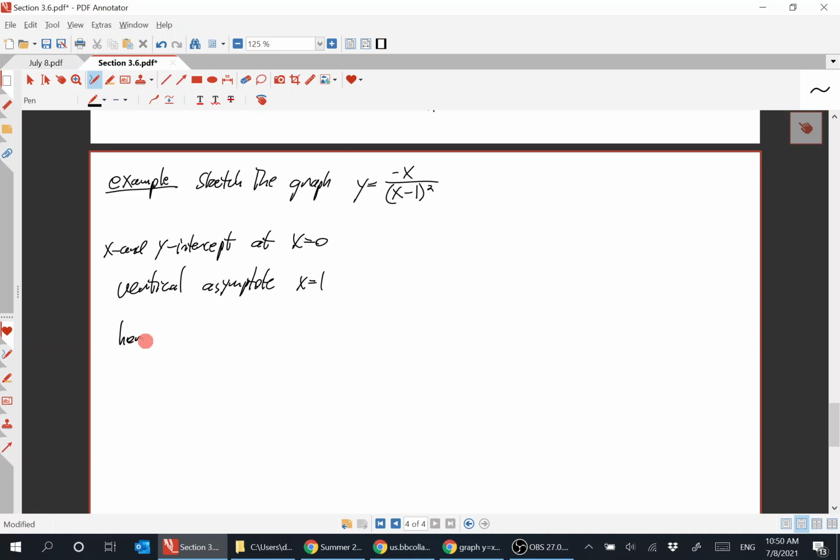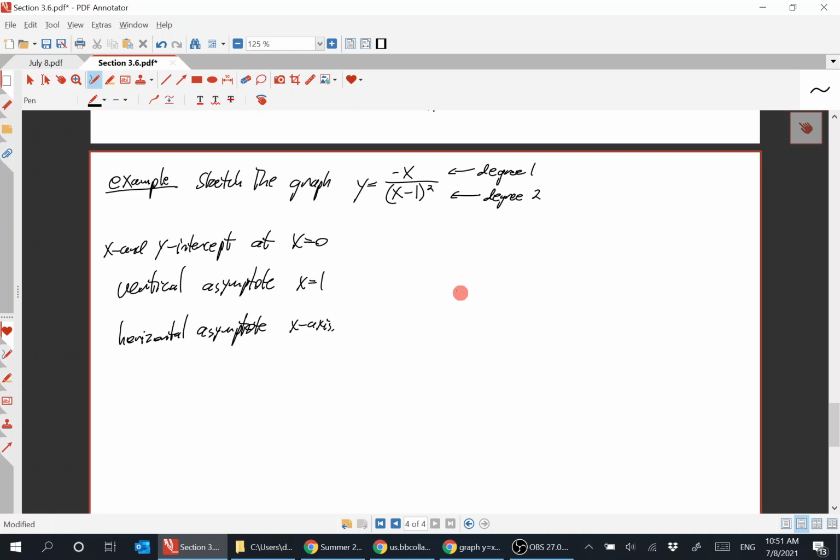Horizontal asymptote is where? Well, the degree of the top is 1. Degree 1 on the top. What's the degree on the bottom? Degree 2 on the bottom. So horizontal asymptote at the x-axis, which is y equal to 0.